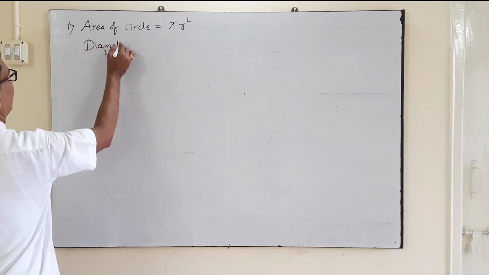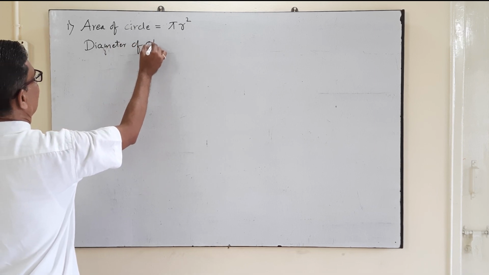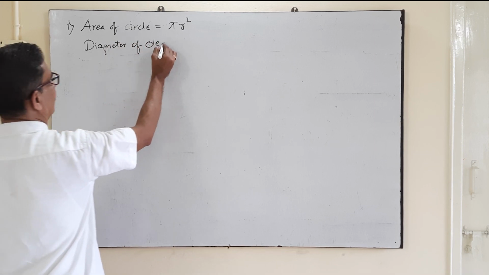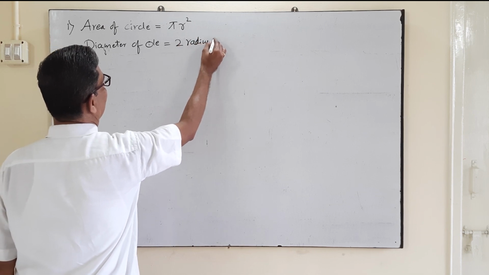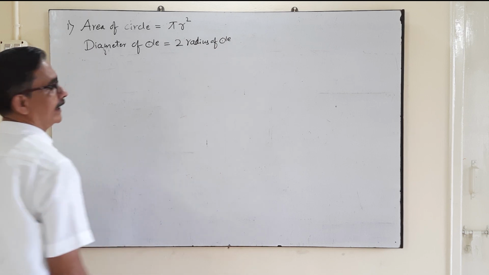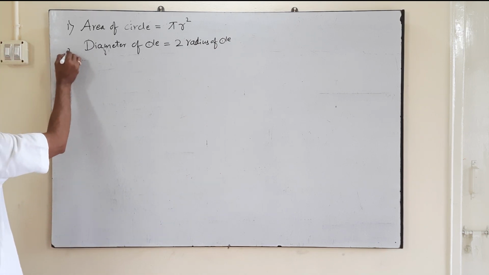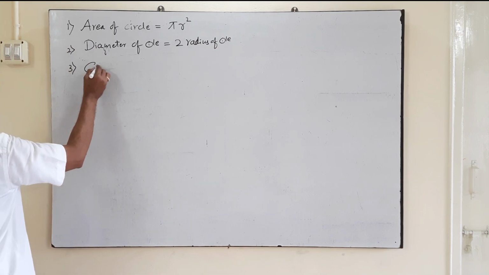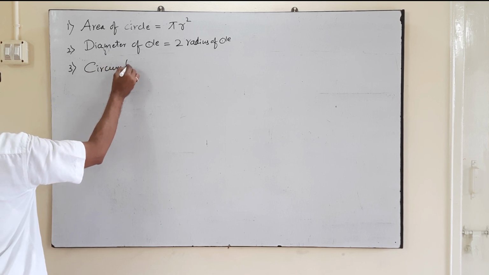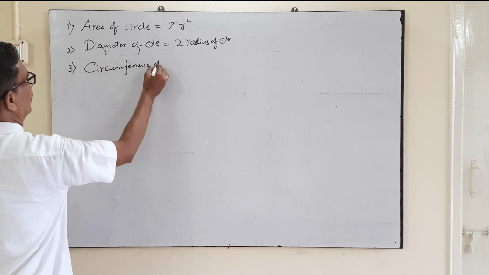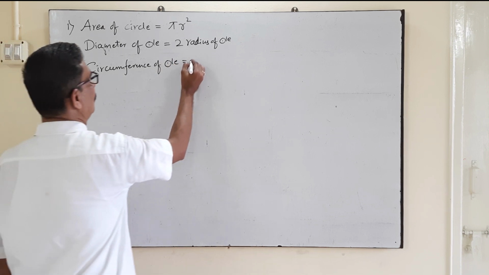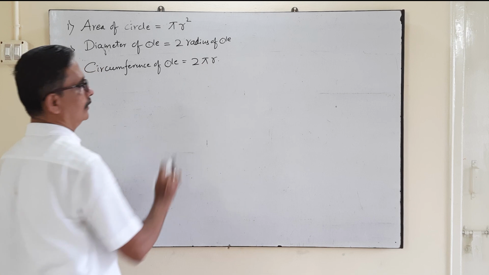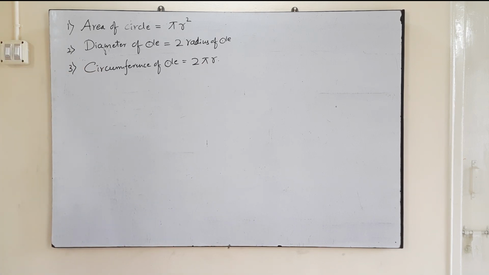Diameter of circle is equal to 2 times radius of the circle. Correct? What is circumference of circle, or perimeter of circle? What is the formula? 2 pi r. Remember, circumference of circle is 2 pi r.